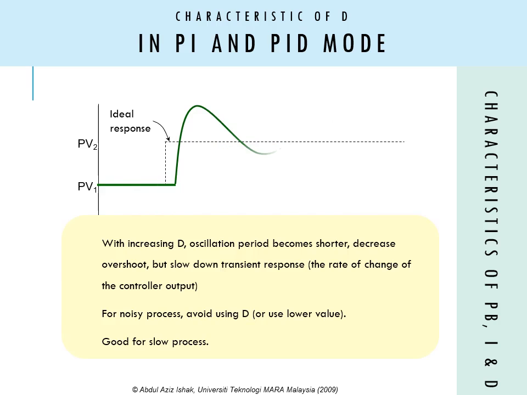What we can observe with increasing D is that the oscillation period becomes shorter and it also reduces the overshoot, but it slows down the transient response, which is the rate of change of the controller output.